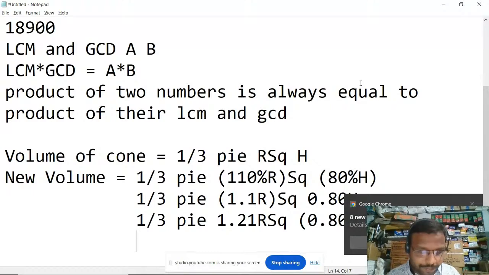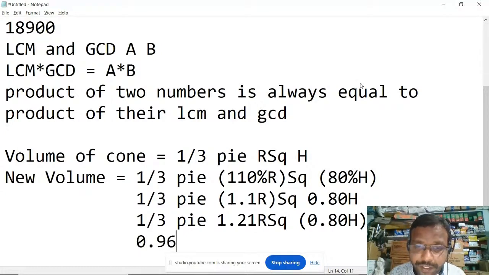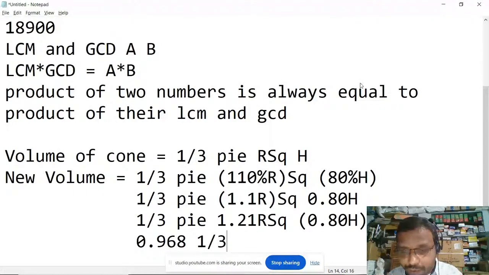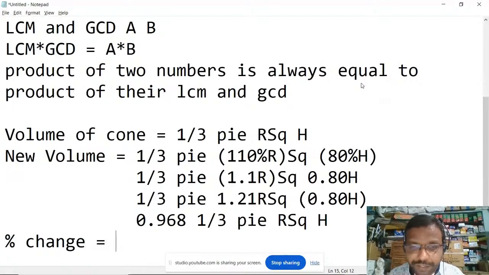So among that, 1.21 into 0.80, how much? 0.968. 1 by 3 pi r square h. So percentage change, how can you find the percentage change, increasing or decreasing?